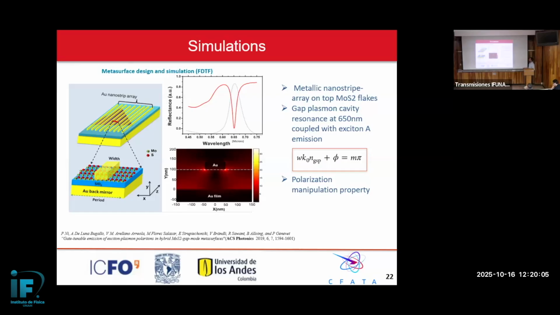So we designed these metallic bars. We ran the simulations in order to match the plasmonic resonance with the PL spectrum. And of course, the anisotropic nature of these bars will help us to control and manipulate the polarization of the emitted light.